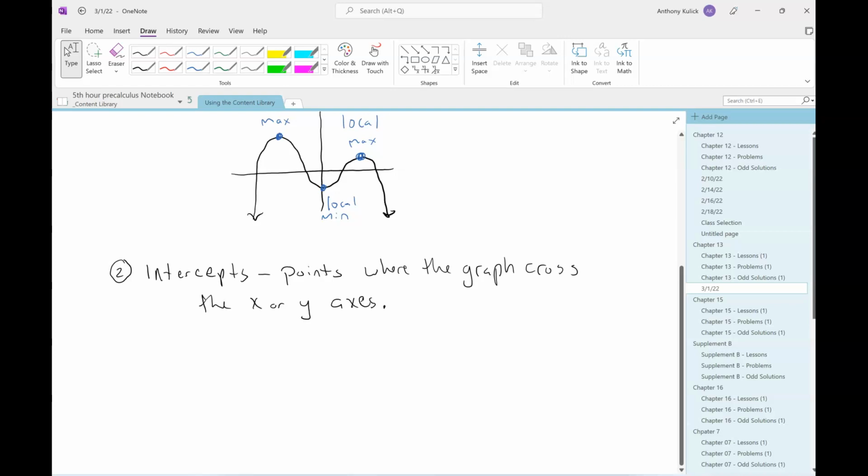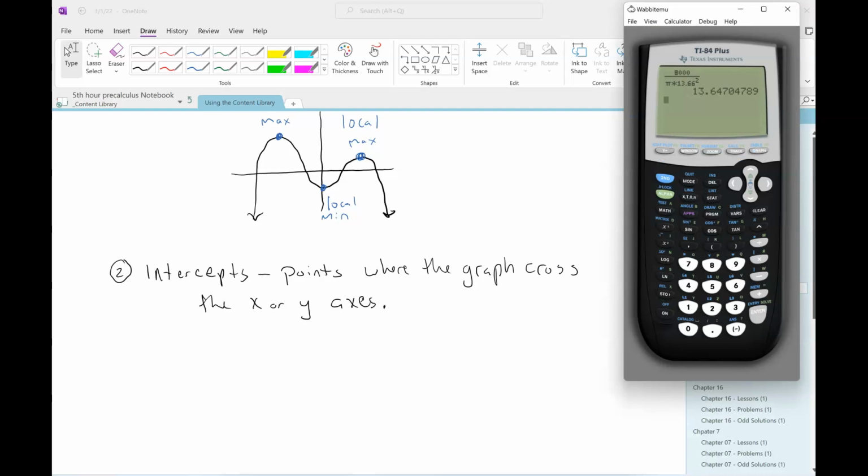So let's talk here about a way to find some of these points, and we're just going to use our calculator to do that. Let's say we want to find the extrema, and we'll also find the x and y intercepts for the polynomial function x cubed minus x.